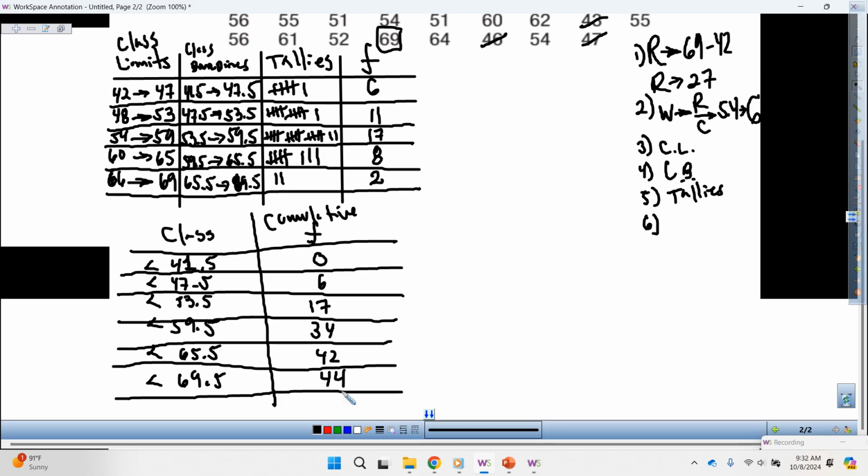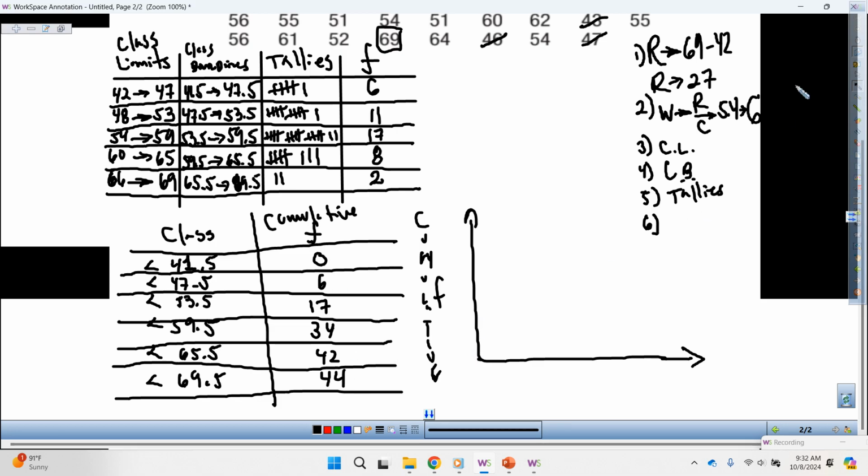All right. So with that said, our graph. Cumulative frequency. So look at it. It goes from 0 all the way to 44. How do you want to scale this y-axis, everyone? By tens?